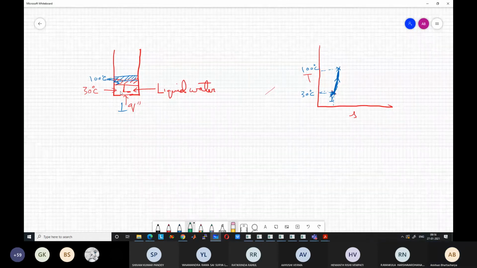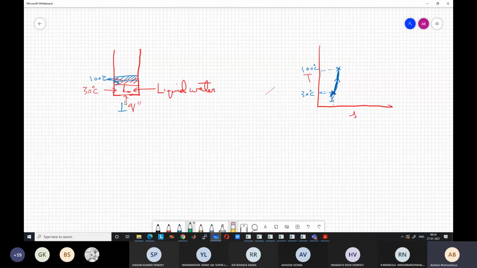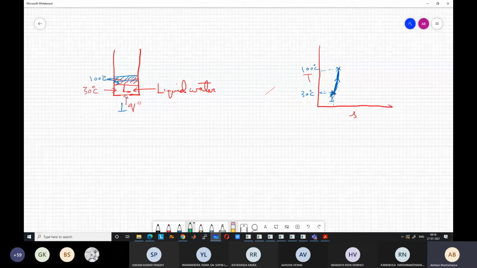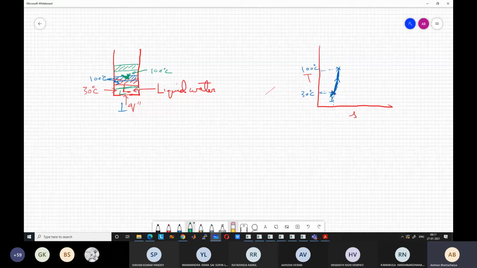Some part is liquid and the rest of it will be vapor. The diagram is getting complicated, but you should be able to understand. So some part is liquid water, and the rest has got converted to vapor. There is a mixture of liquid and vapor. Vapor has settled at the top, liquid at the bottom.